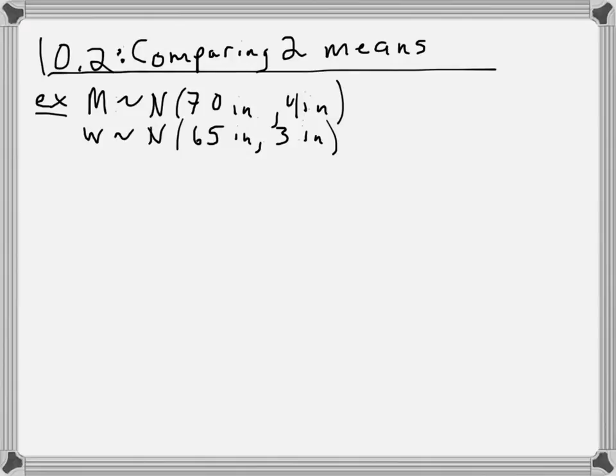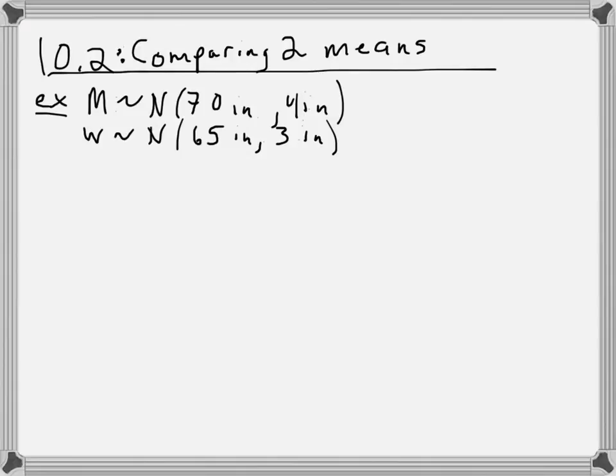Again, each one has their subtle little differences, like we saw in 10.1. And that usually is whether you know the true population parameters or if you're estimating the true population parameters. And like before, we're going to have a little pool party at some point later. And I don't mean the swimming trunks, I mean we're going to see how to pool standard deviations.